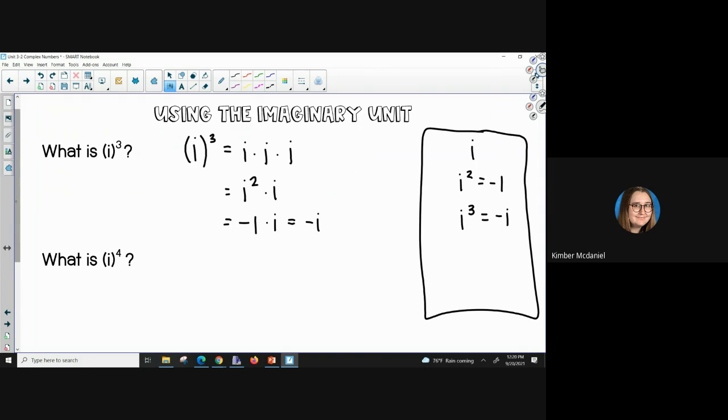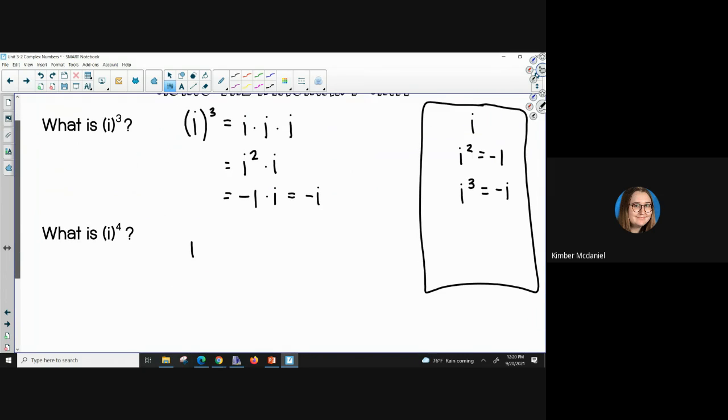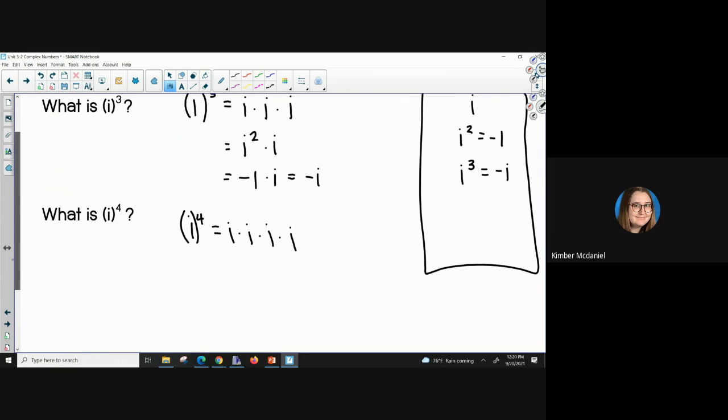So i to the fourth can be rewritten as i times i times i times i. We have two groups of two i's. i times i can be rewritten as i to the second.